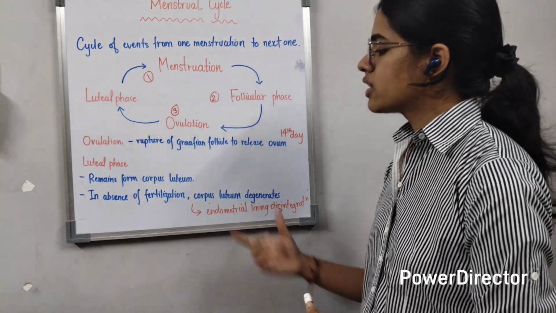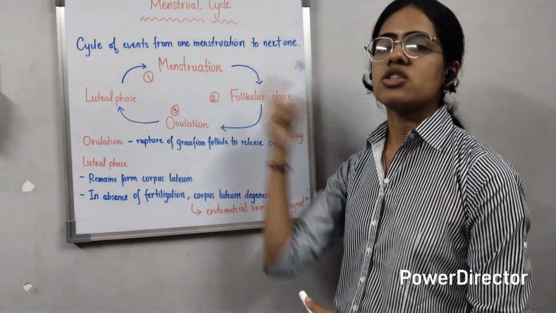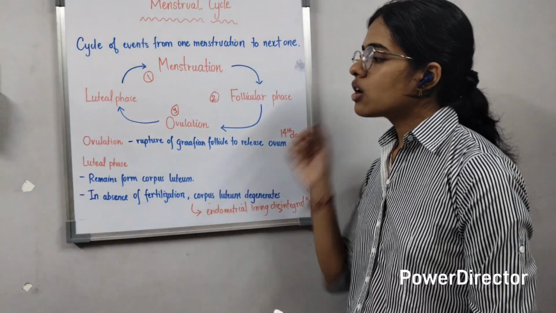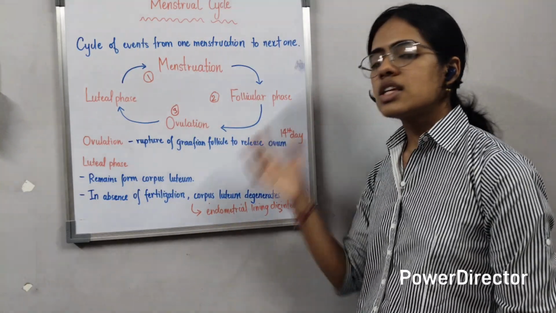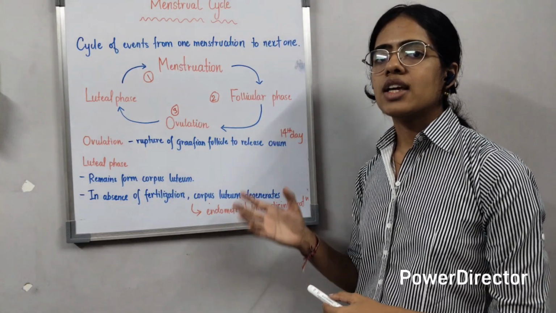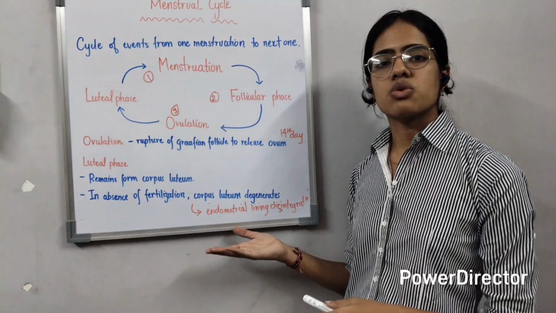Okay, that is what happens in menstruation. So these are the events which occur in a menstrual cycle.